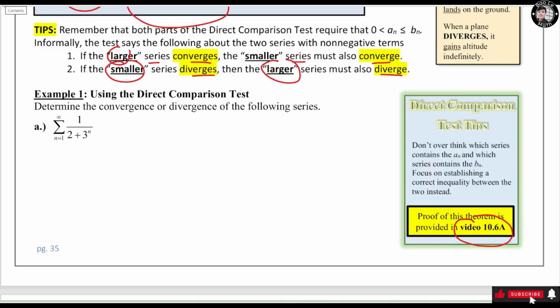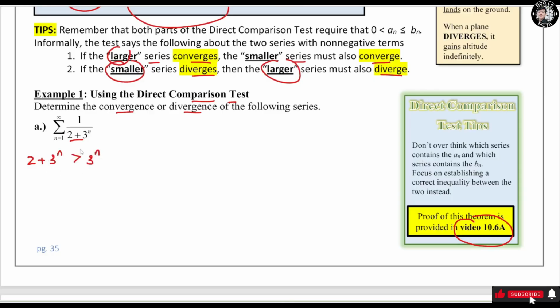Now let's take a look at the first example using the direct comparison test. Determine the convergence or divergence of the following series. So we're going to start with this one right here. We have 2 plus 3 to the n is always greater than 3 to the n, right?